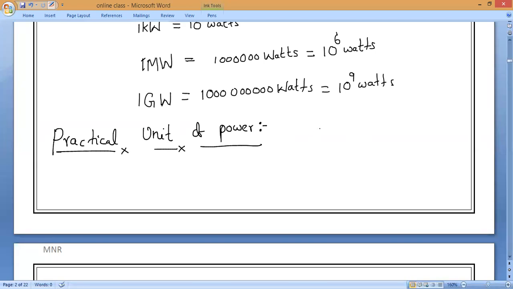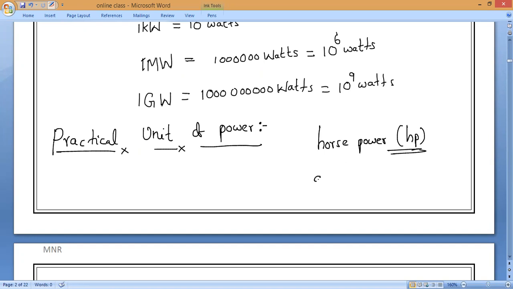We used to measure in horsepower. Do you understand, everybody? That is represented with HP. So horsepower is the practical unit of power.